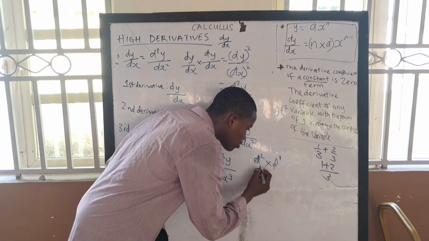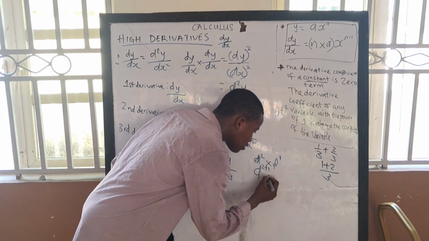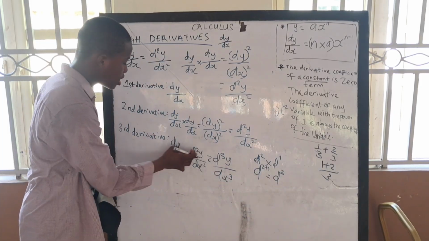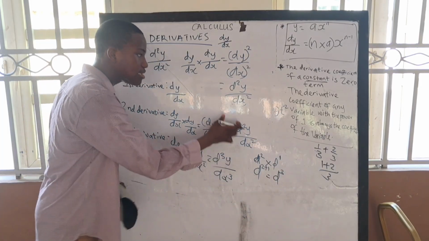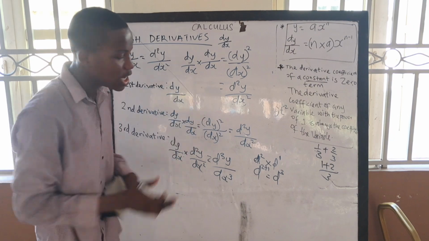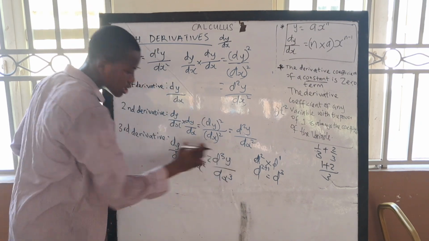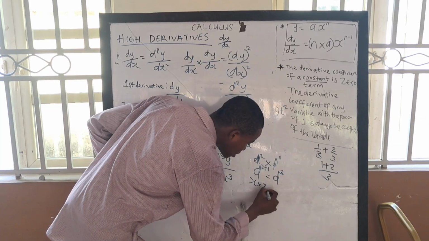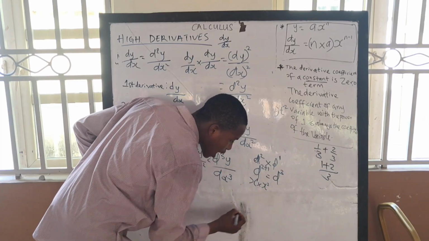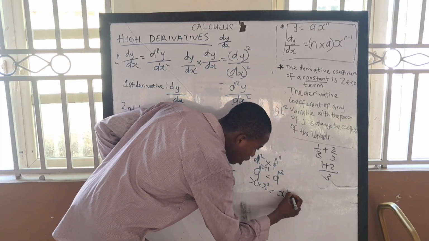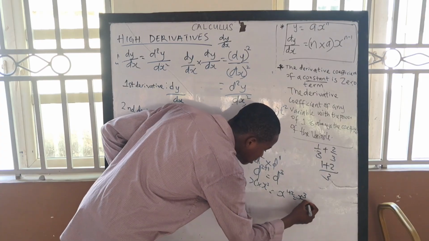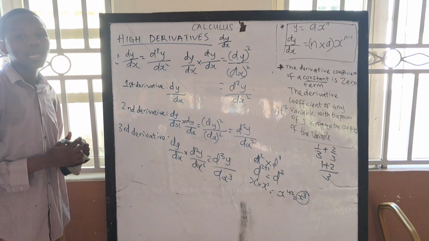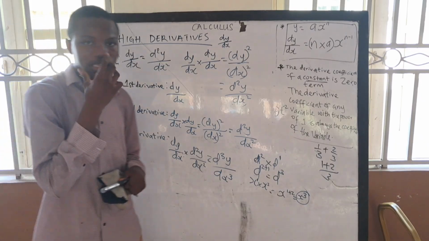The power here is 1, so I'm having 2 plus 1, that's d raised to 3. That's how I got this d raised to 3 here. Then my y. Remember, this is the same as saying dy always to the power 3, the same form. This is how we write it in calculus. So for x times x squared, the same rule applies. There's a power here, 1. I write the common base x, and the sum of the powers 1 plus 2 gives x raised to the power 3. That's what I obtained here. I hope that's clear.